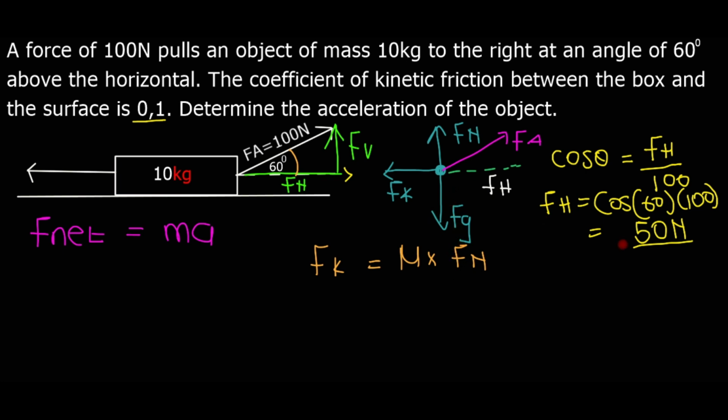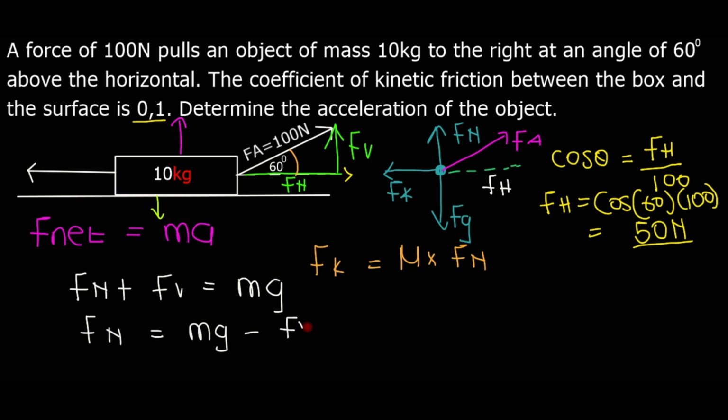We know we have a normal force which is upwards, and gravity is downwards. Because this object is not going up or down, the upward forces and the downward forces are balanced. So I can say Fn plus Fv equals mg, which is our gravity. So Fn equals mg minus Fv.